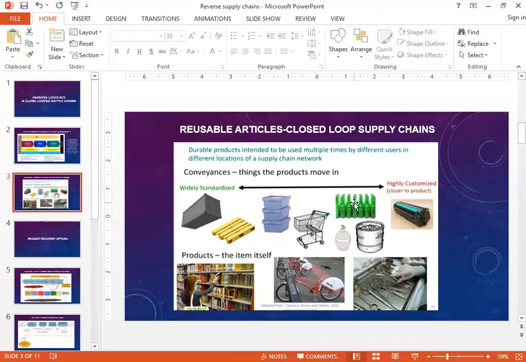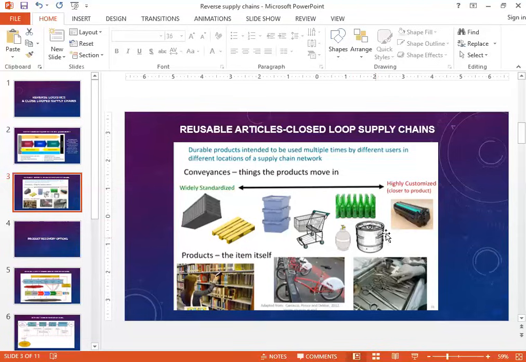So again, the Pepsi bottles are going to make their way back just to Pepsi, because the bottles are customized accordingly. The Fanta bottles will go to the Fanta factory so that they could be refilled. But these bottles are an example again of a reusable conveyance product. So that's another example.